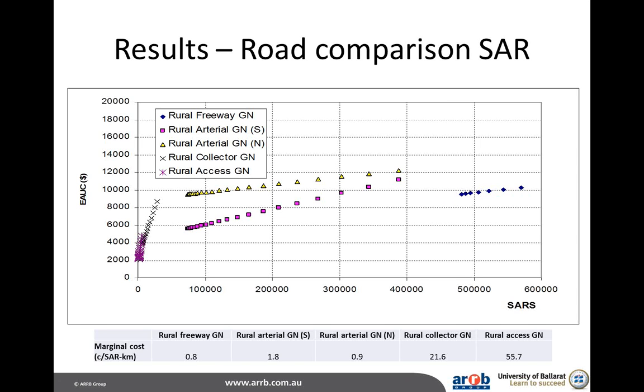It is built the strongest, and therefore it should react least to that increase in load. I've just quickly quantified them down the bottom here in the table. Our rural freeway had an annual marginal cost of 0.8 cents per SAR kilometre, versus our rural access, which had a much higher marginal cost.